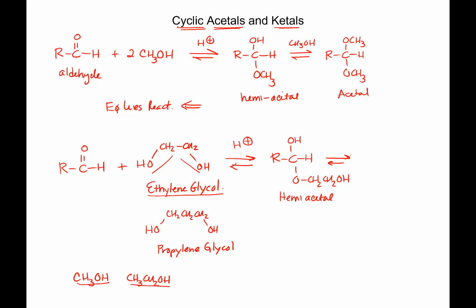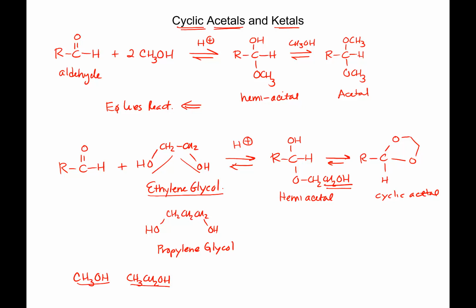Continuing on, this side of the molecule will now react so that in the end I'm going to add both sides of the molecule to make a cyclic acetal in this case. So this side of the molecule will then wrap around.